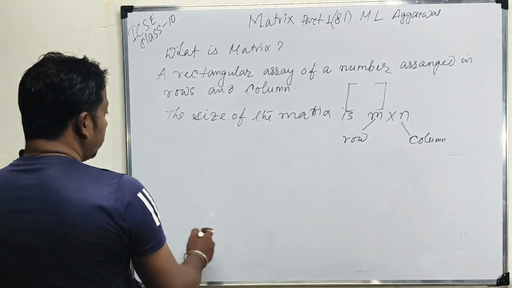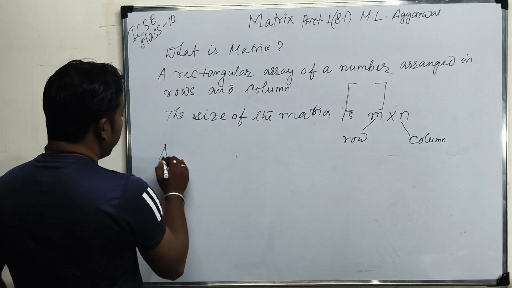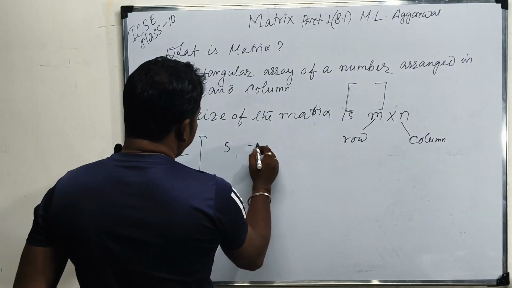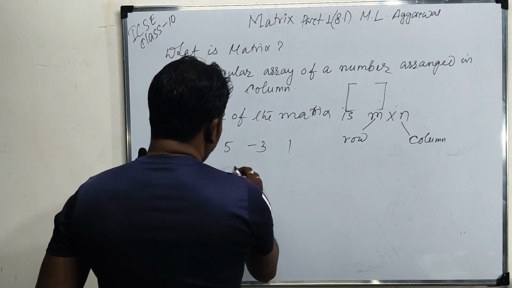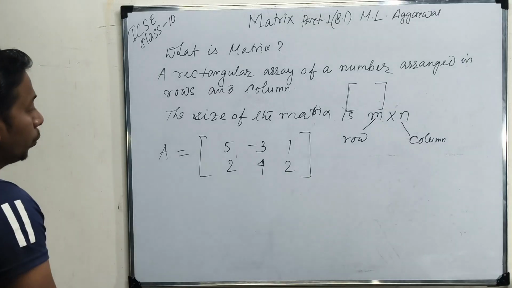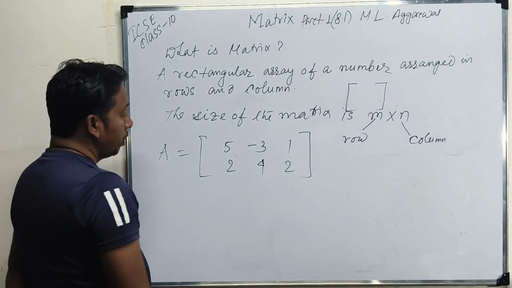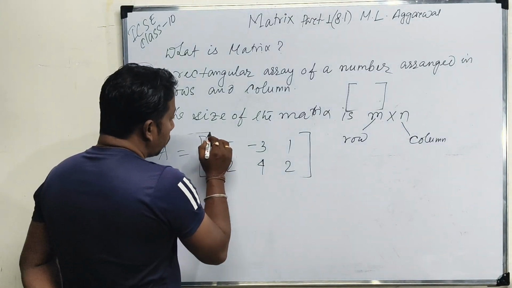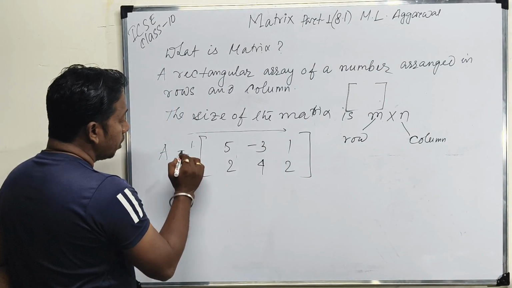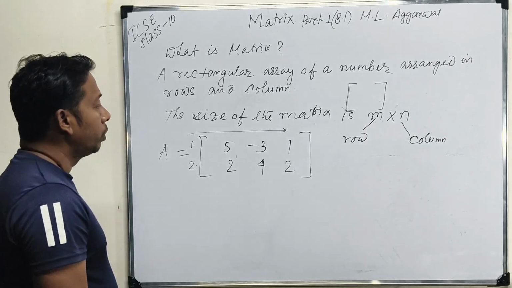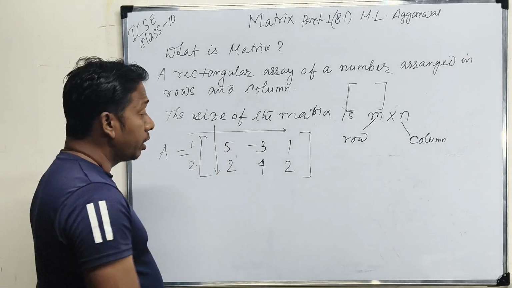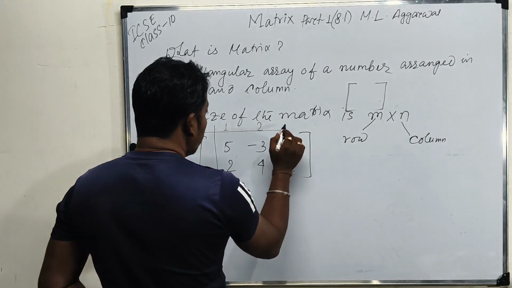Let us take a matrix named A equals, in square brackets, 5, minus 3, 1 in the first row and 2, 4, 2 in the second. Here the number of rows is 1 and 2, and the number of columns is 1, 2 and 3.